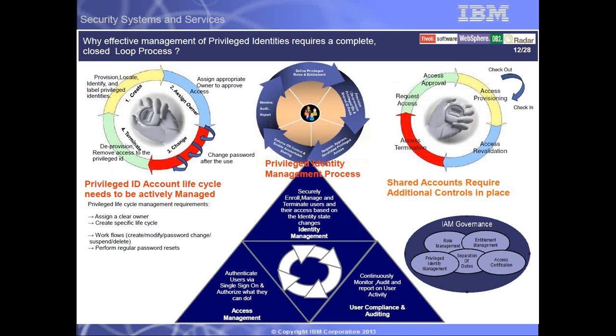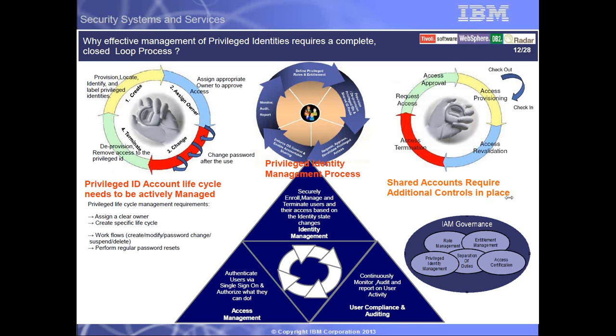From the privileged identity management process side: define privileged roles and entitlements, provision and deprovision privileged IDs and shared ID pools, request, approve, revalidate privileged access, enforce OS control, enable accountable sharing, monitor, and audit report. So that's the cycle of it.